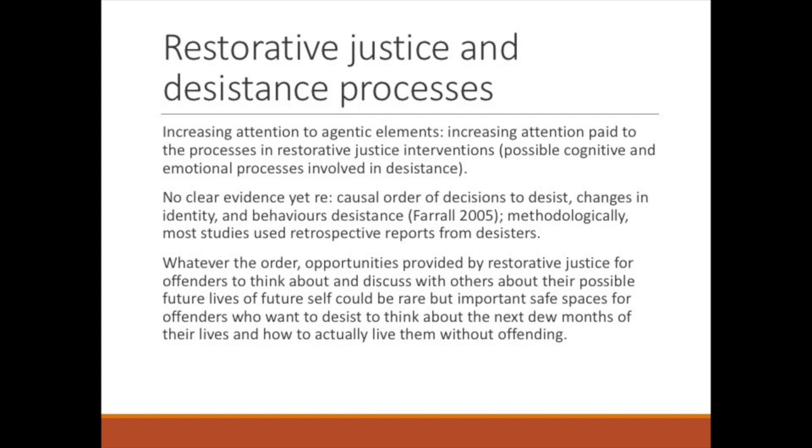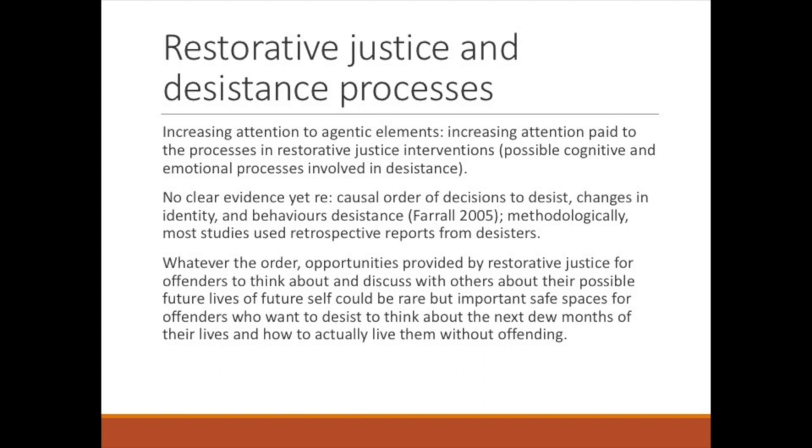There's no clear evidence yet regarding the causal order of decisions to desist, changes in identity, and behaviors of desistance, because methodologically, most of the studies have used retrospective reports from people who have desisted.